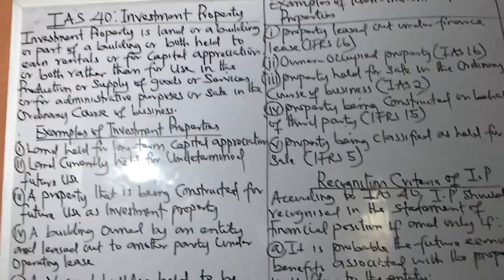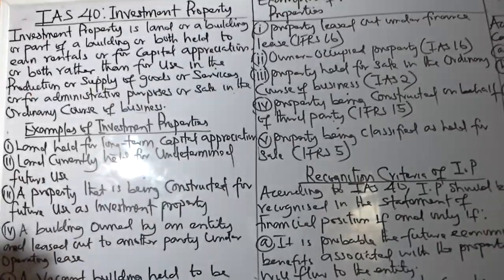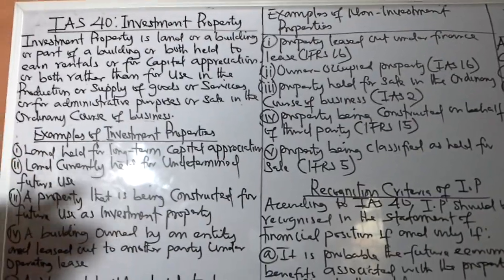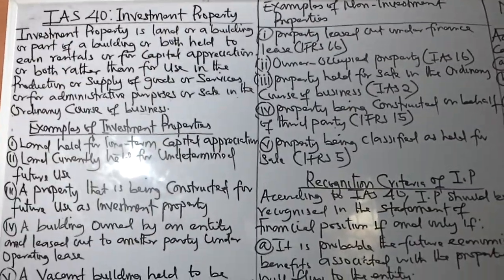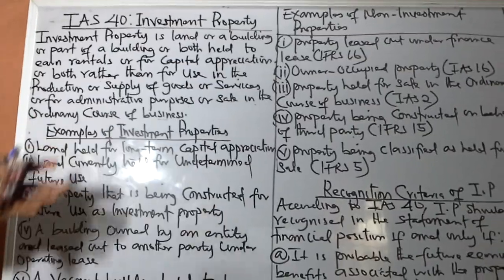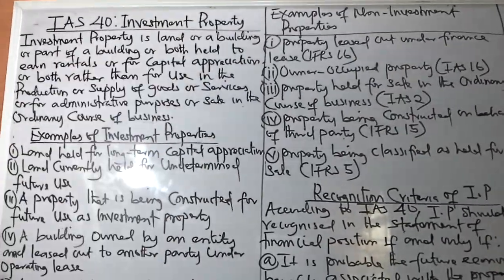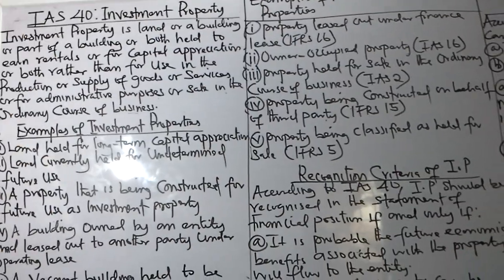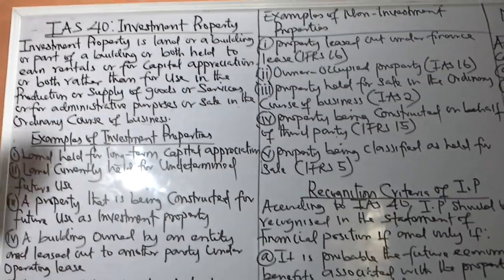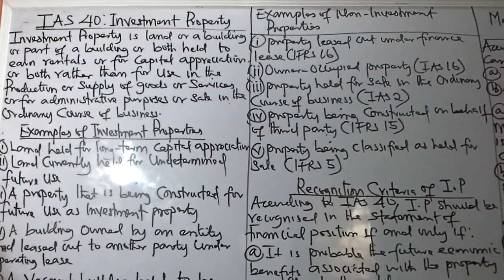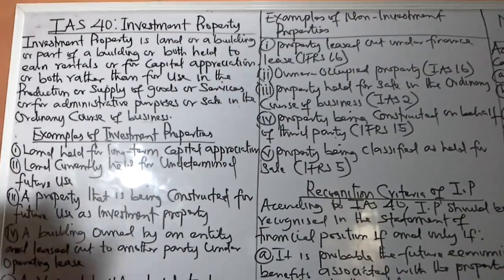Now, in the first class, I talked about those standards that are connected to tangible non-current assets. I talked about IAS 16, property, plant, and equipment. It is the tangible non-current asset that is used mainly for the business, for owner use.